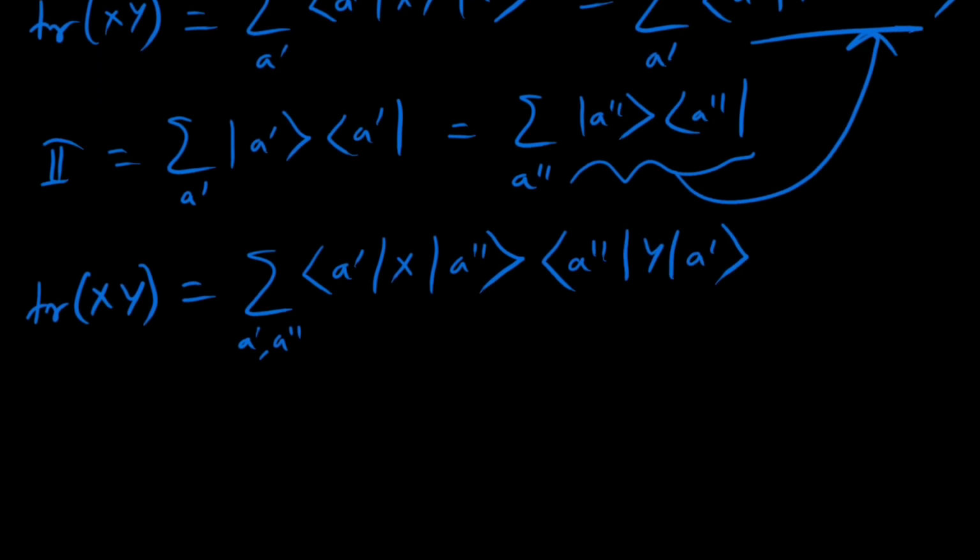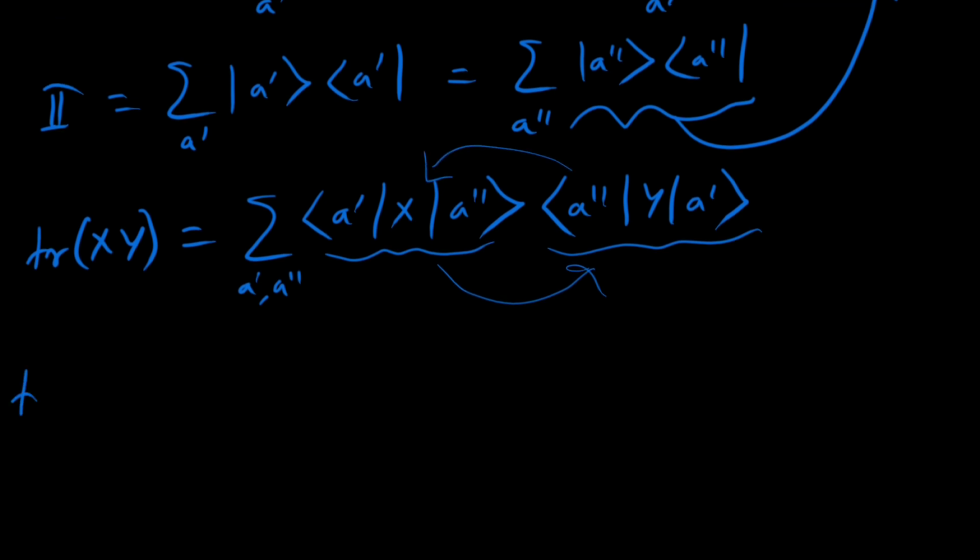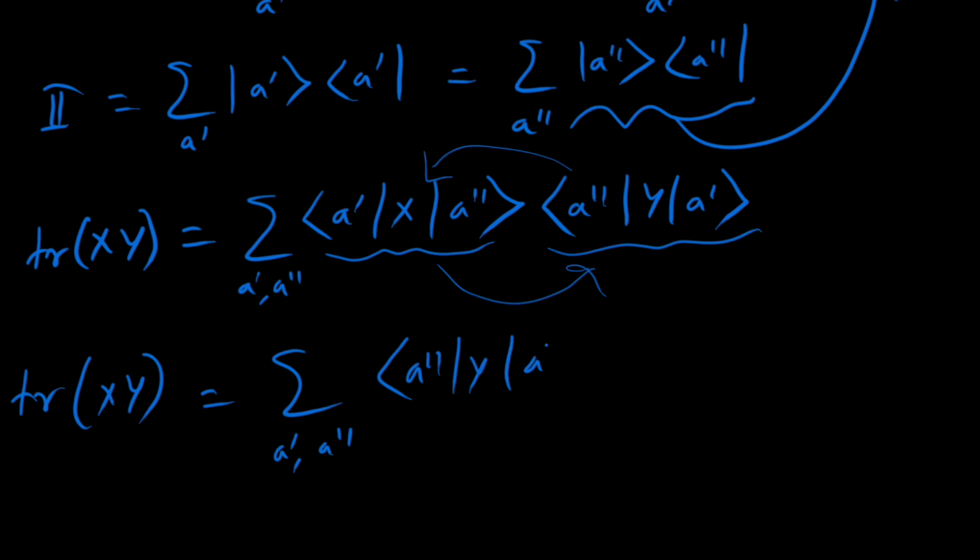Now if you notice carefully, these two are just scalars, so I can switch them. So we get the trace of xy as the sum over a prime and a double prime of a double prime, y, a prime, a prime, x, a double prime.